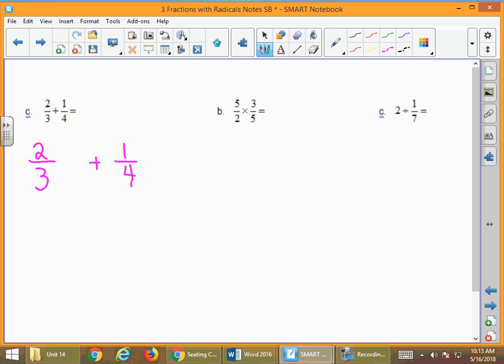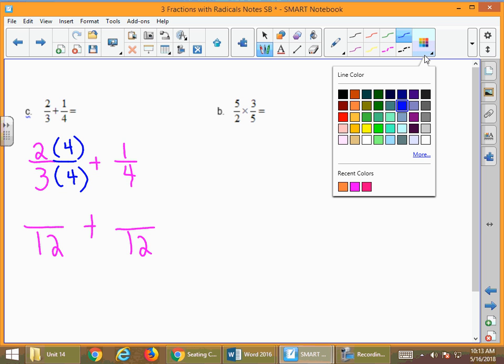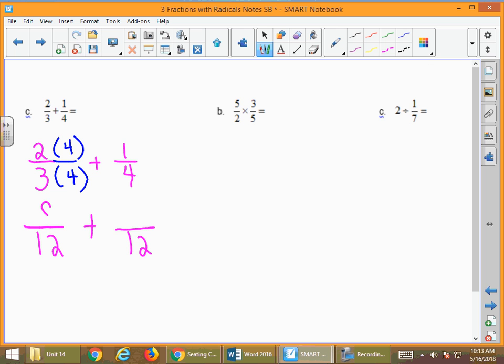And 3 times 4 is 12, which is going to be our common denominator. Well, what we had to do with this one is we took 3 times 4 to give us 12. And if we multiply the bottom of the fraction by 4, we have to multiply the top of the fraction by 4 as well, which is a fancy form of 1. And then 2 times 4 is 8.